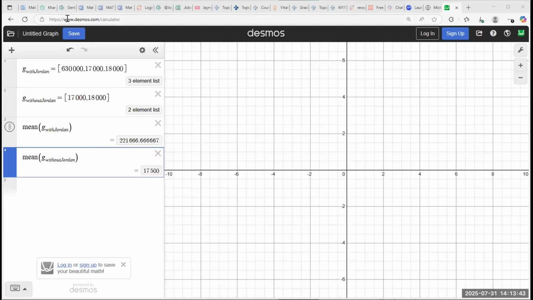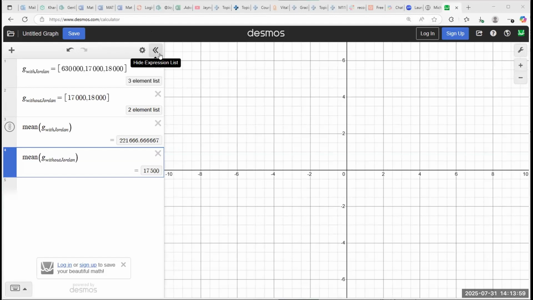Here we go. We are looking at the Desmos calculator. We've used this a little bit, and I'm actually using the Desmos graphing calculator, but you could also do this with the scientific calculator.